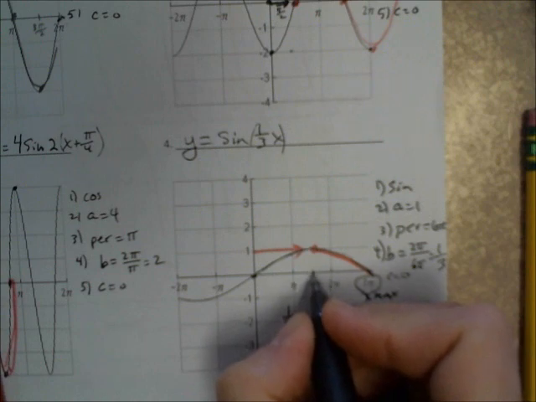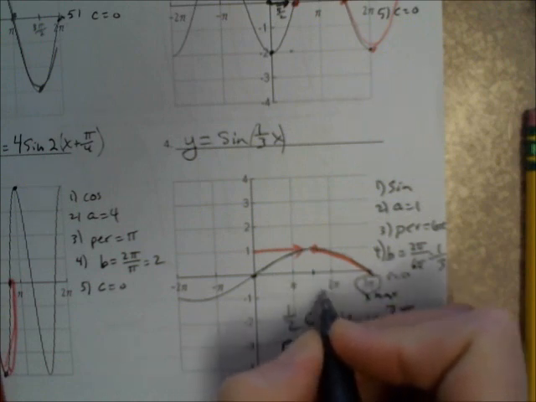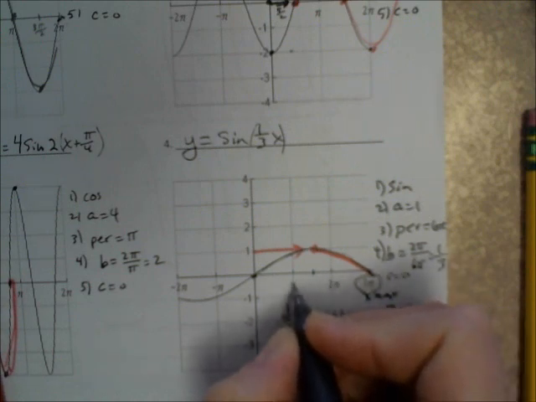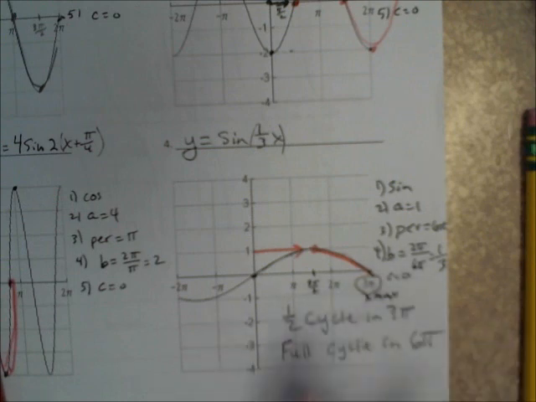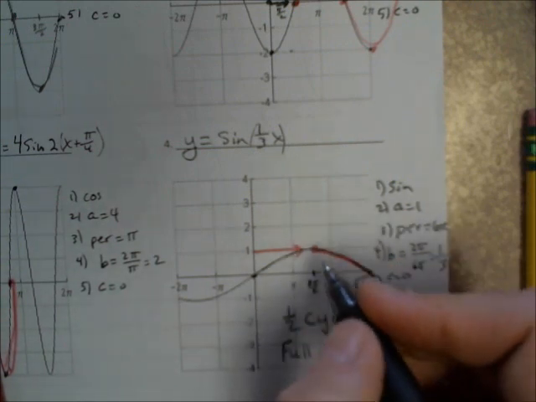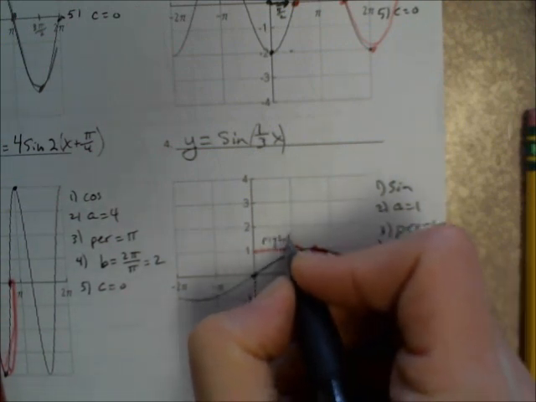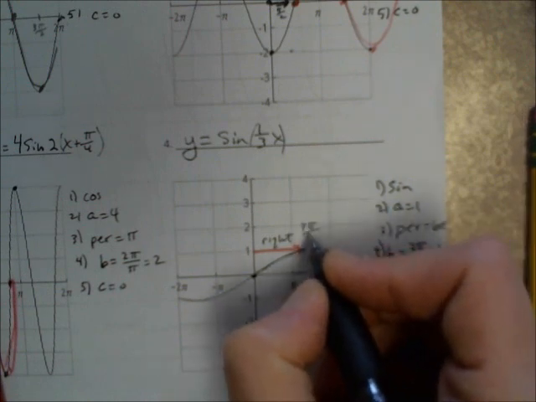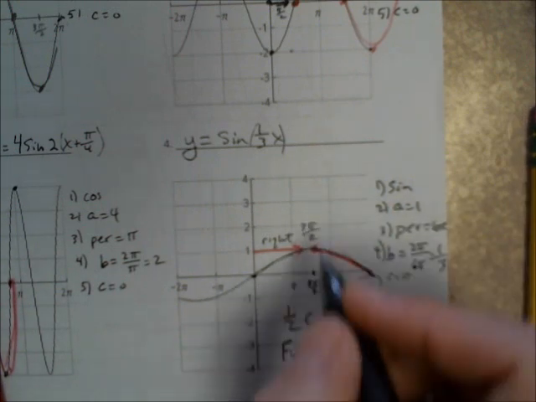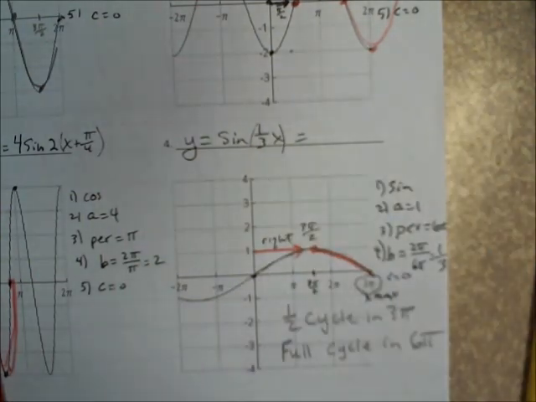And it's been shifted by exactly halfway between pi and 2 pi, or between 180 and 360, which is 3 pi over 2. It's not written here, but you can figure that out, I hope. So this cosine curve has been shifted to the right by 3 pi over 2, which is the c value.